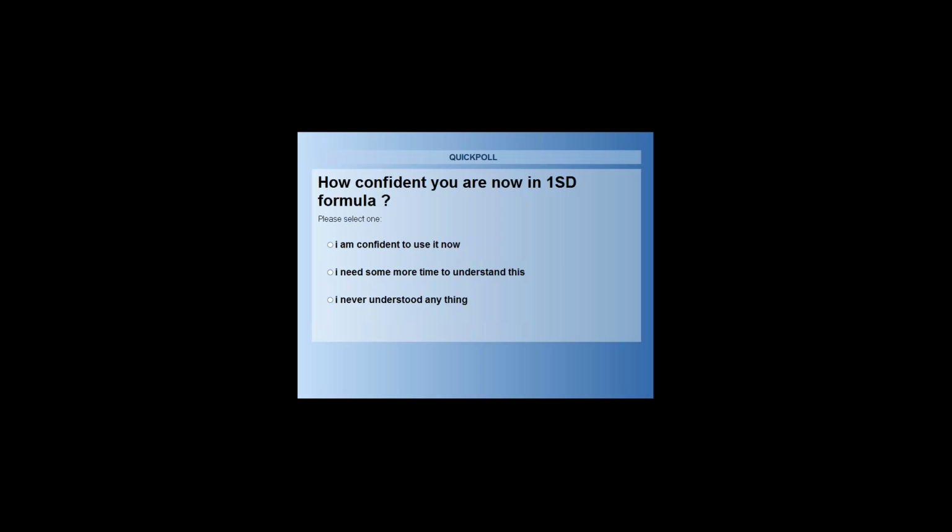Please vote so that I should know how many of you are confident. It is my pleasure to share with you that 33% of the people are saying that they are very much confident. 61% say that they need to understand this and work on that handout for some time, and 5 to 6% of the people say that they never understood anything.